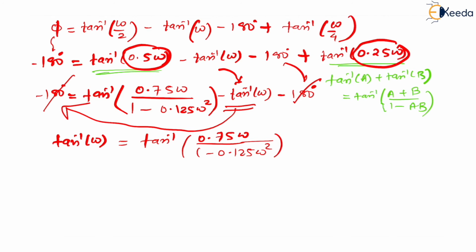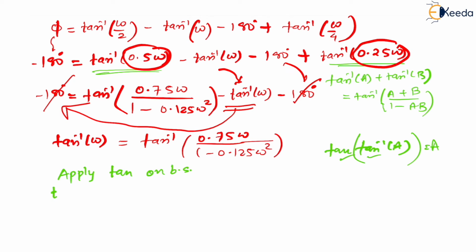Now let us apply tan on both sides. If you have tan inverse of A and you apply tan on that, then you get A, because the tan and tan inverse will get cancelled.